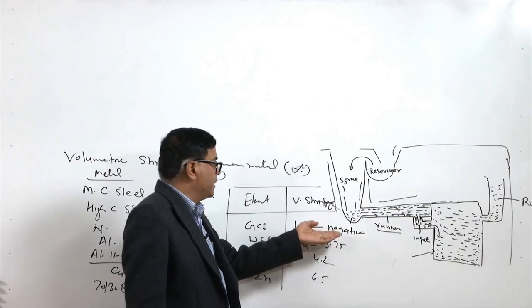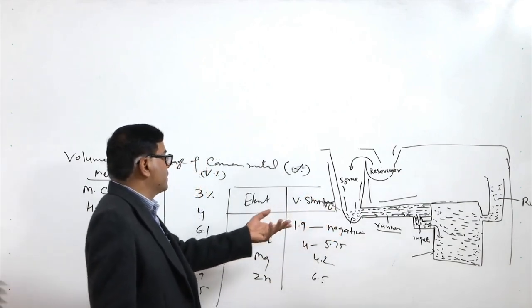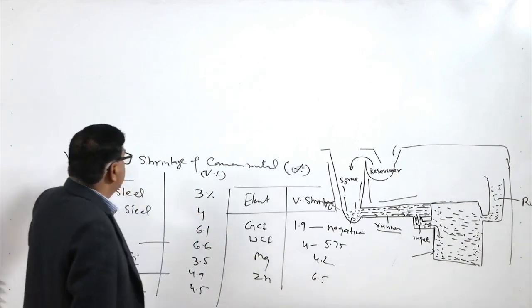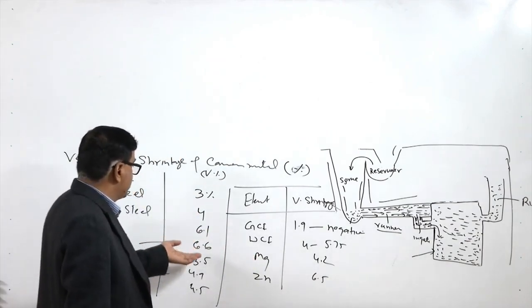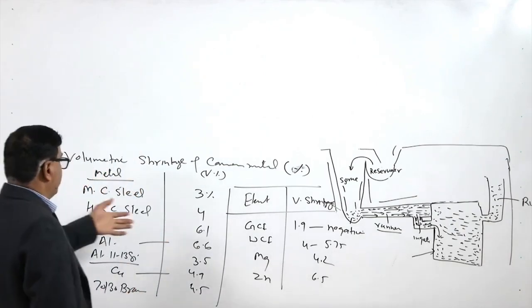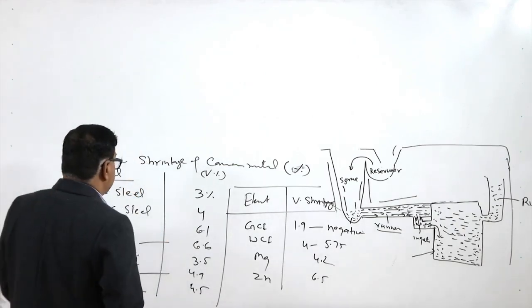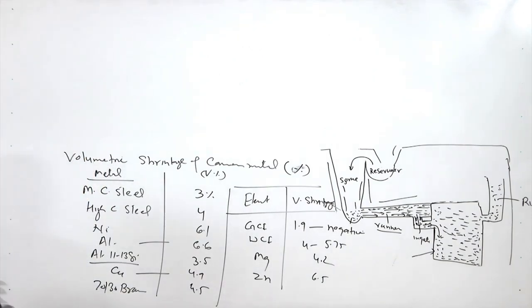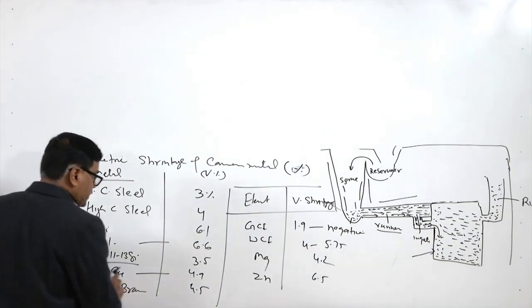from very negative, means an increase in volume, to a shrinkage as high as 6.6% for pure aluminum, or for nickel it is 6.1, similarly zinc 6.5. So, very high volumetric shrinkages are also possible.